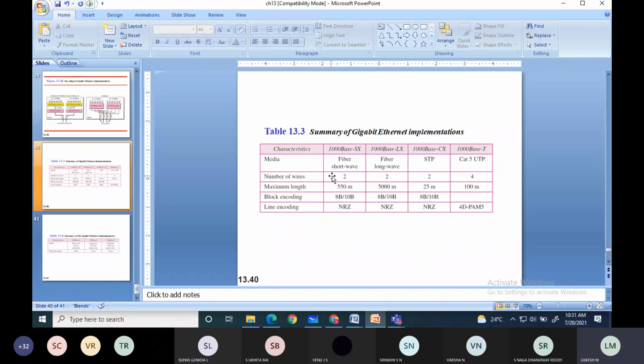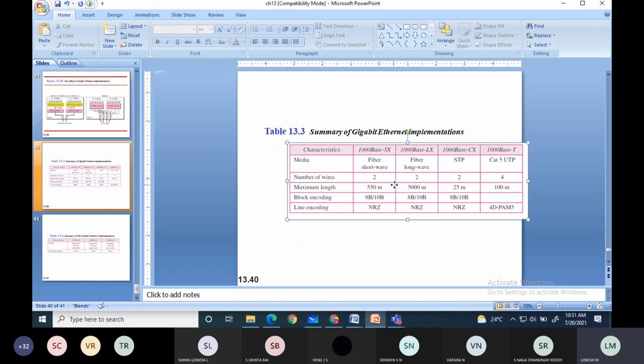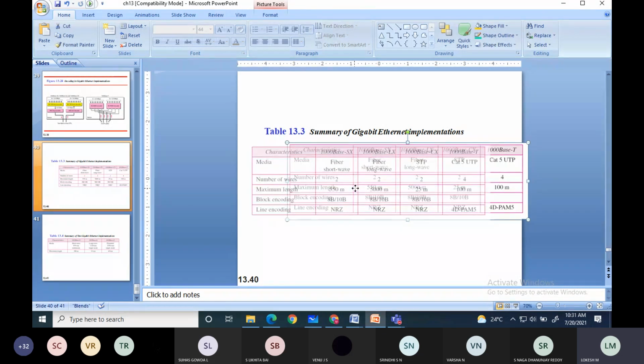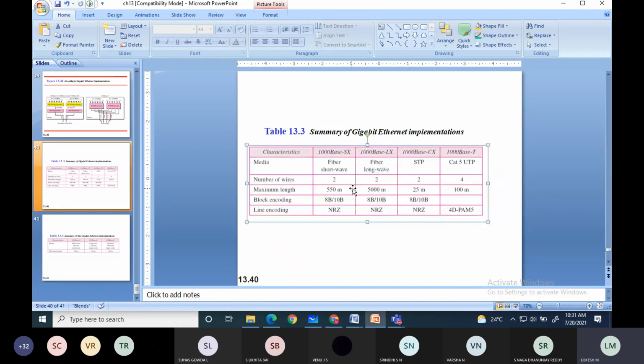The number of wires used here is 2 for 1000BASE-SX, and LX also uses 2 wires. But when you take 1000BASE-T, it uses 4 wires.